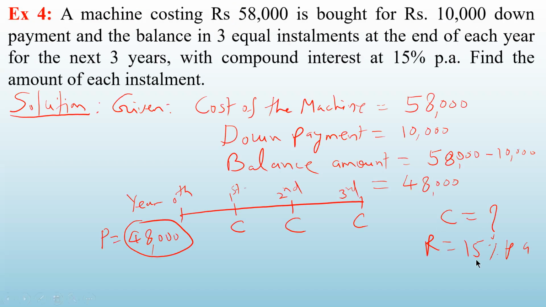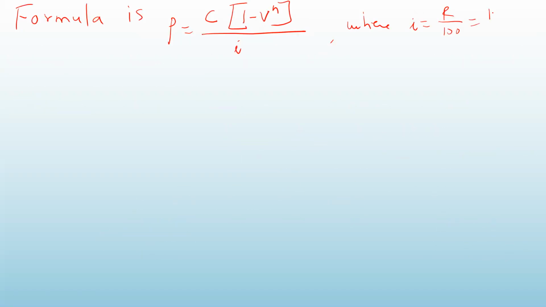Formula is P equal to C into (1 minus V to the power N) divided by I, where I is R upon 100. What was your R? R is 15. So 15 upon 100, that means 0.15.